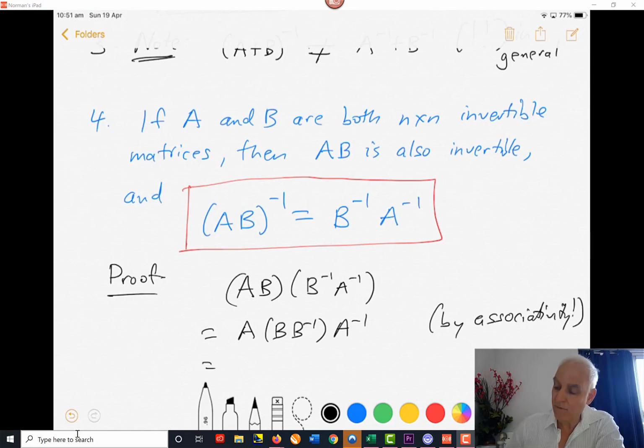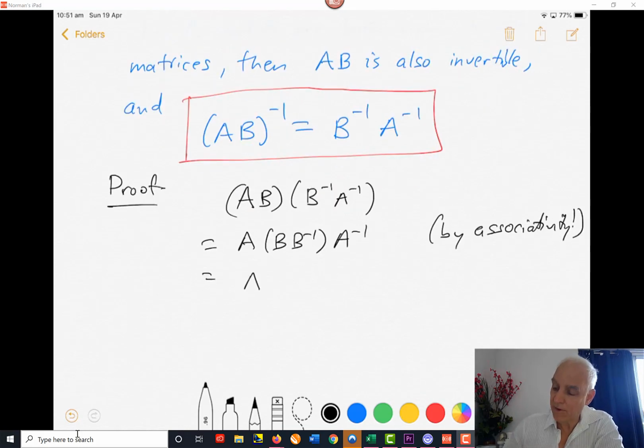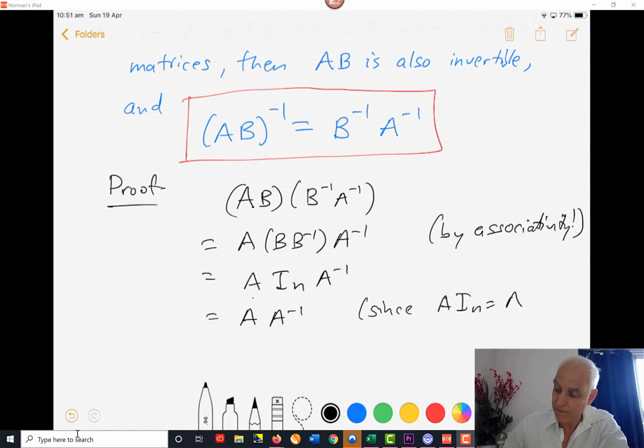But B times B inverse is the identity matrix, in this case the n by n identity matrix, which we'll write like this. We don't have to put brackets here because everything's associative. Now, A times I_n is A, so this is the same as A times A inverse, and A times A inverse equals the identity matrix.